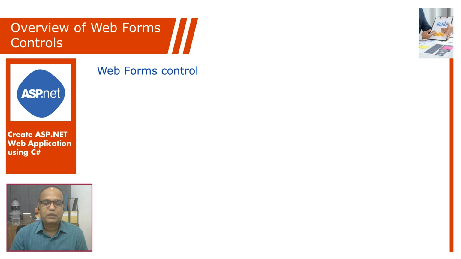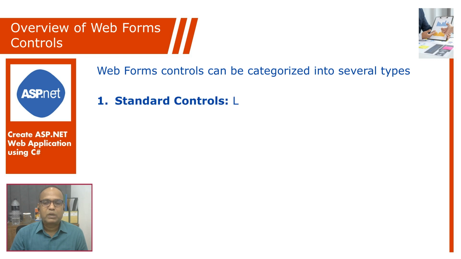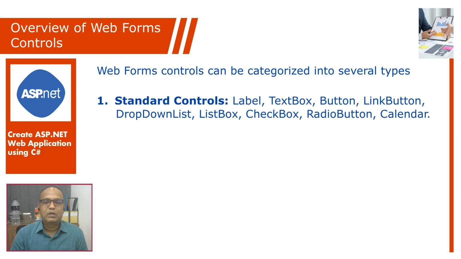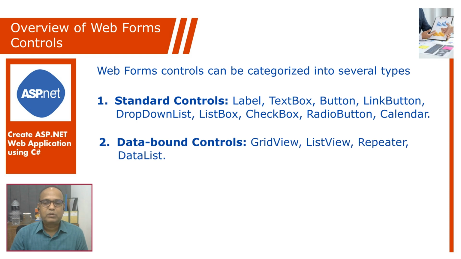Categories of ASP.NET Webforms controls. Webforms controls can be categorized into several types. Number 1, standard controls. Label, Textbox, button, linked button, drop-down list, list box, checkbox, radio button, calendar. Number 2, data-bound controls.